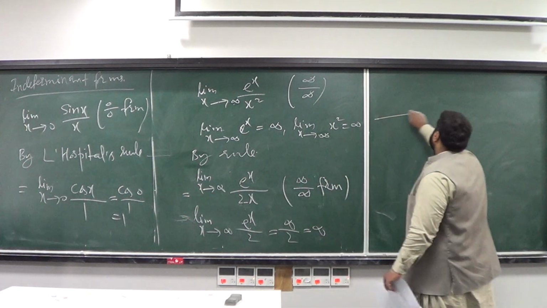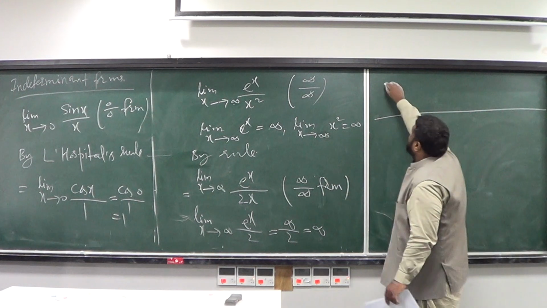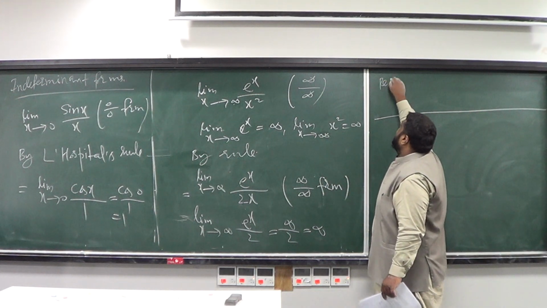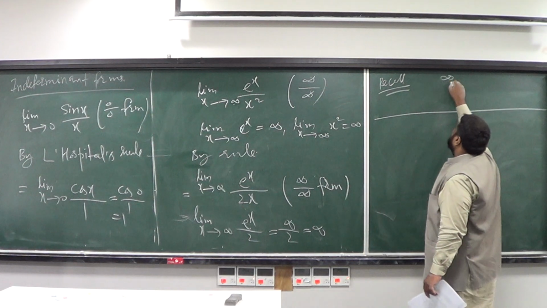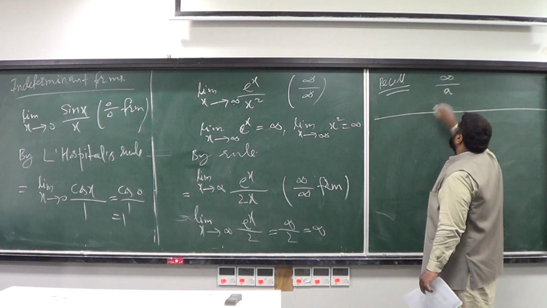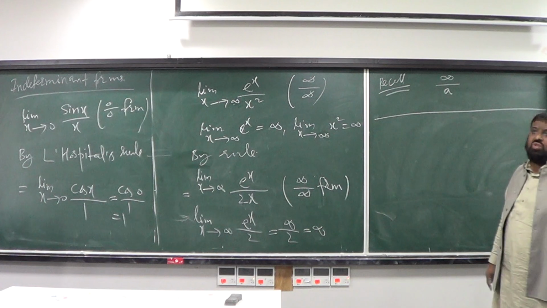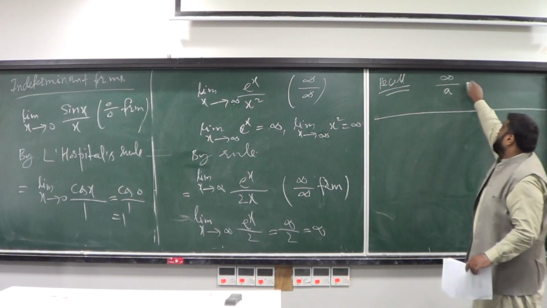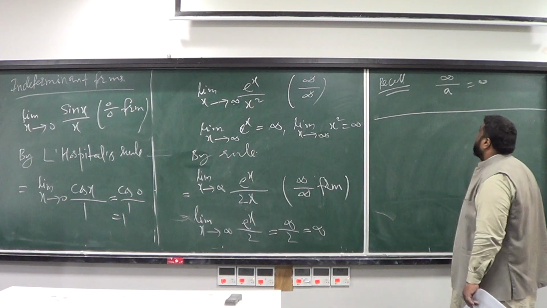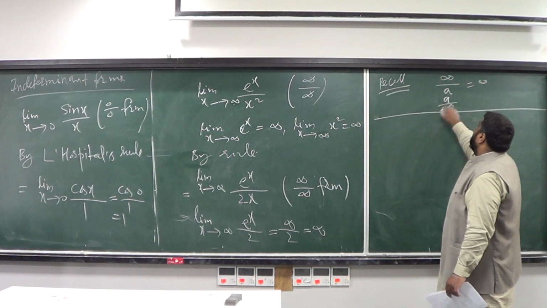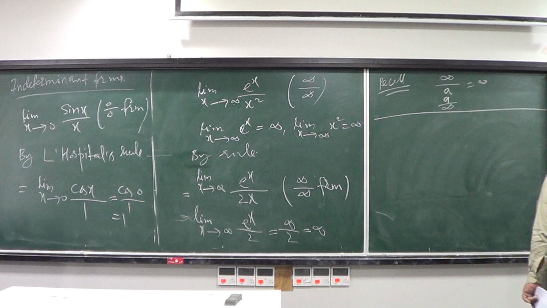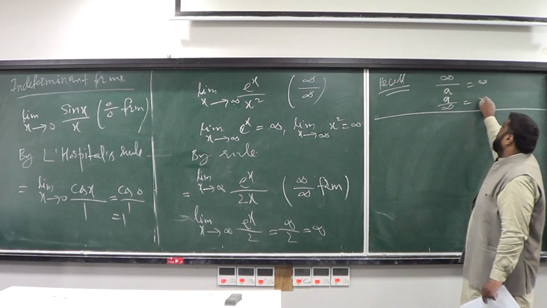By the way, you need to keep this in your head, that if you have infinity divided by any fixed number, 1, 2, 3, 1.5, whatever, this is infinity. And if you have any number divided by infinity, we're going to call it 0.